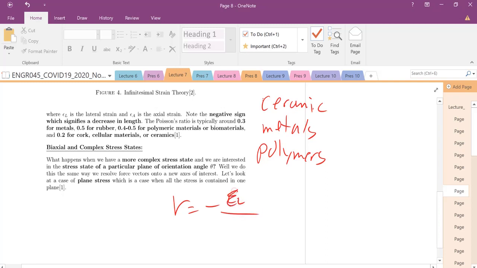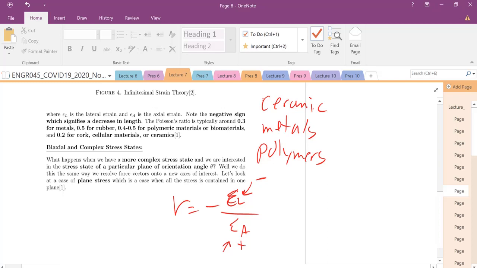If we're contracting, the lateral strain is negative, and our axial strain is in tension, so it is positive. So Poisson's ratio is, generally speaking, always a positive value. There are materials with a negative Poisson's ratio, but those are unique materials that you have to design. I can't think off the top of my head of one that you find naturally, but they can exist.